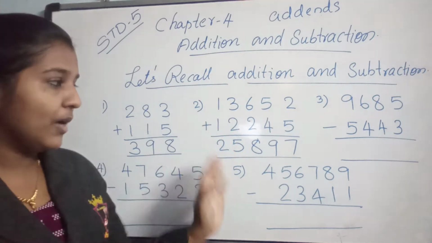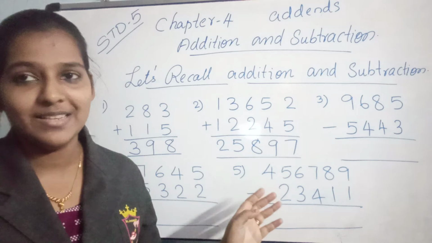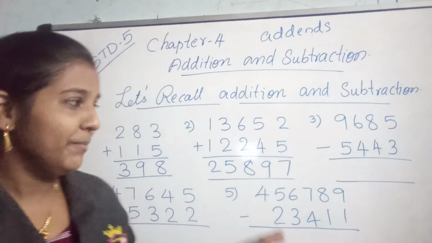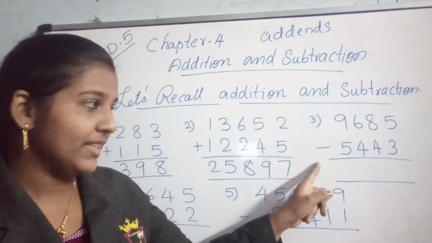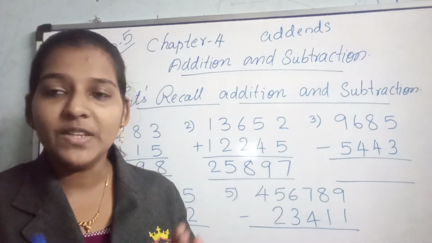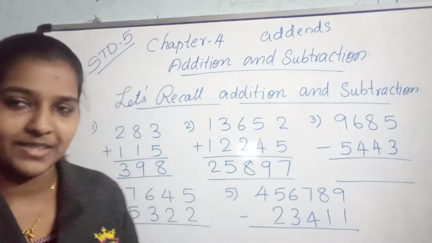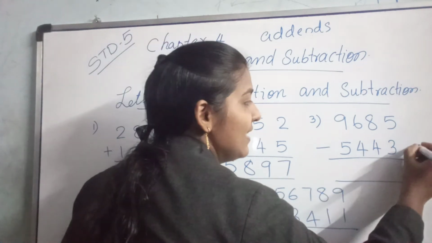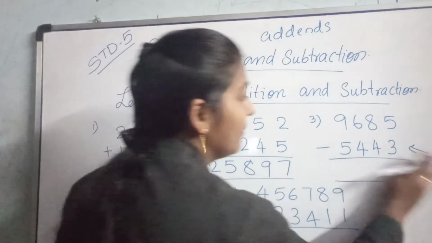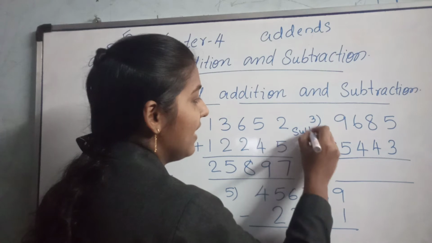Now the next question, it's a subtraction question. One more thing: the number which we are subtracting from a number is called subtrahend. This number is called subtrahend.